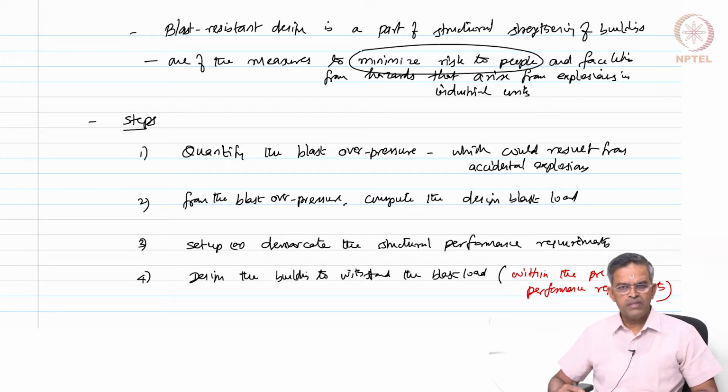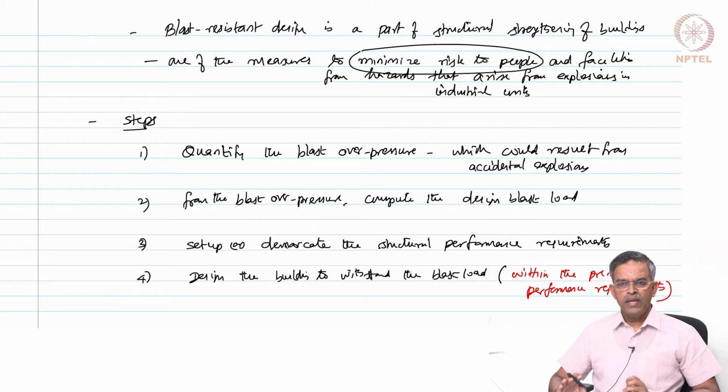There is collapse prevention, like in earthquake engineering. There are many preset performance requirements which you can set as a designer. Now, you have to design the building under the blast loads so that only those preset performance requirements are met. Not beyond that.